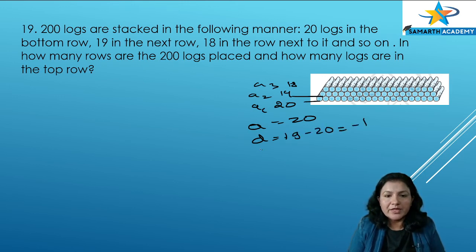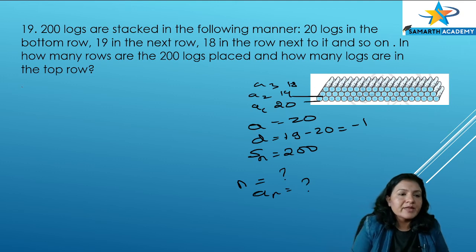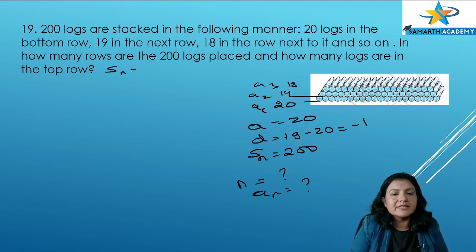So total 200 logs. So Sn is equal to 200. And what else is given? Okay, so this is given. And what is asked? The number of rows is asked. So n is equal to question mark, and then how many logs are there in the top row? So an is equal to question mark. Let's write the formula. Sn is equal to n by 2, 2a plus n minus 1 into d.